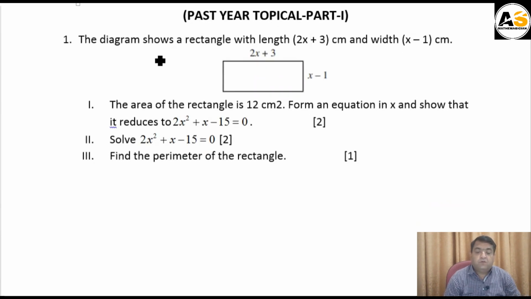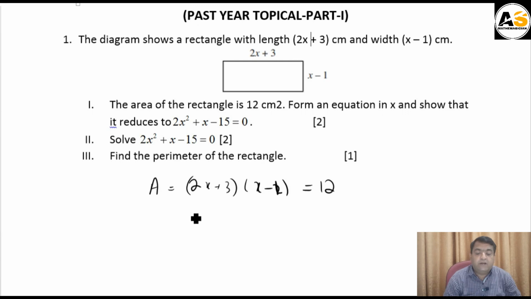First of all, we are given that its area is 12 centimeter square. What is the formula for area of a rectangle? It is length, which is 2x plus 3, multiplied by width, which is x minus 1, which is given equal to 12.